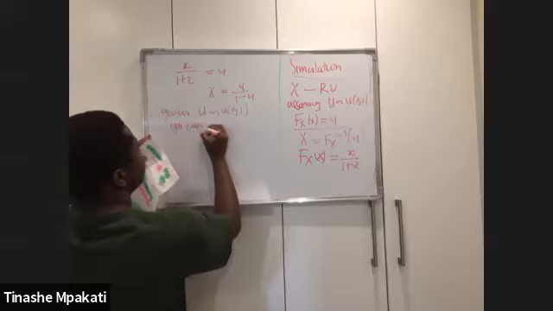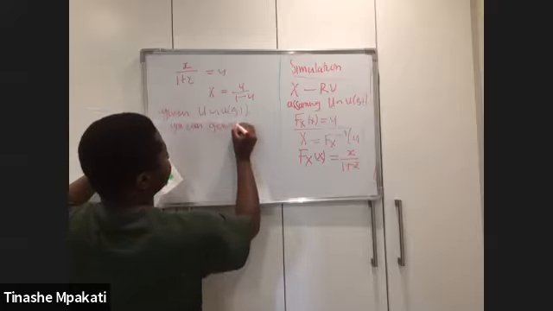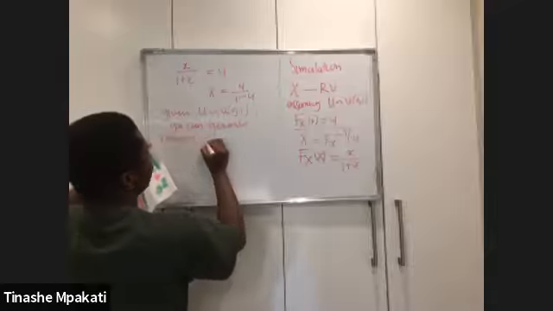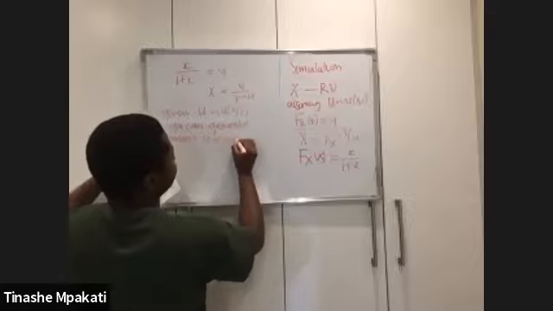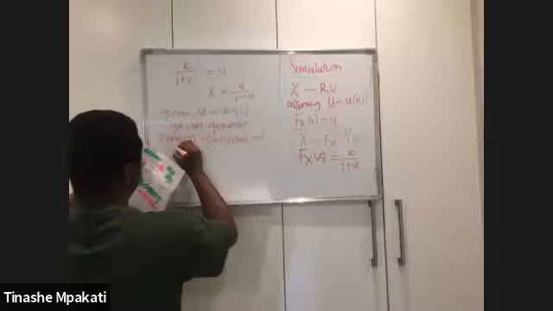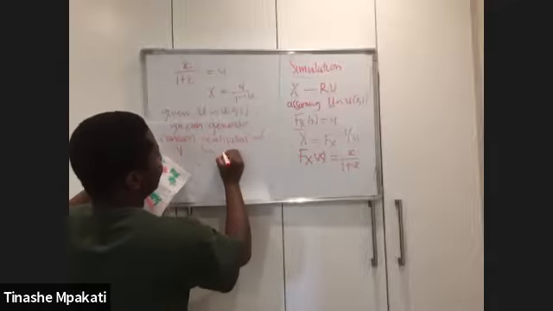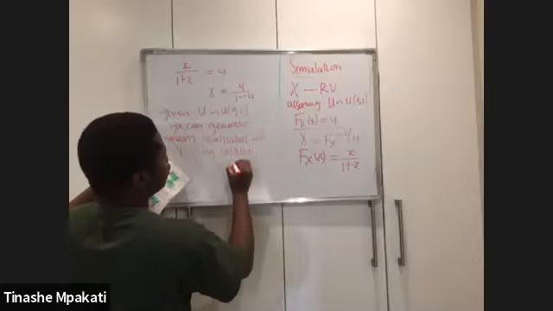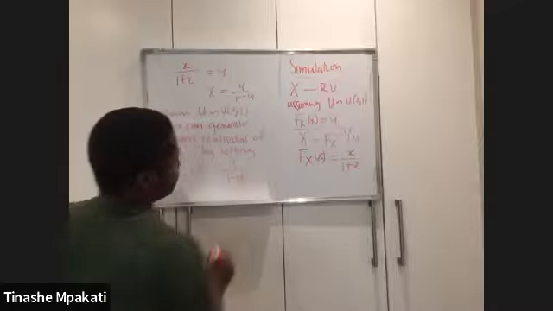You can generate random realizations of x by letting your x be equal to u over 1 minus u.